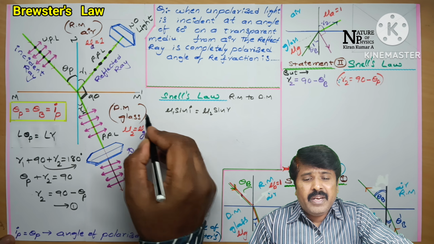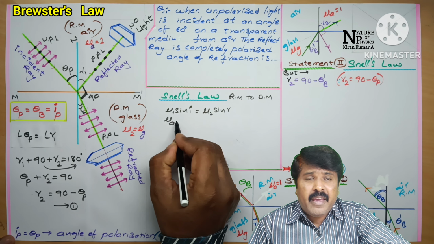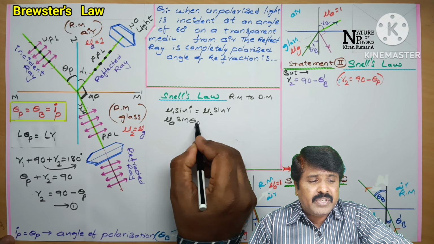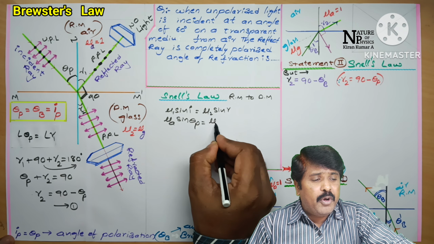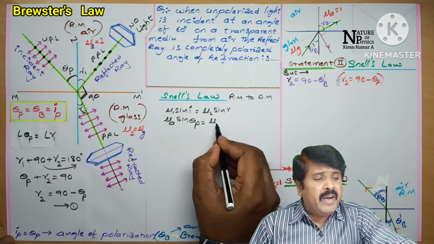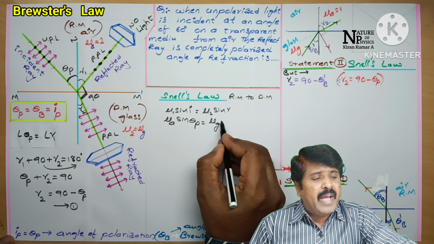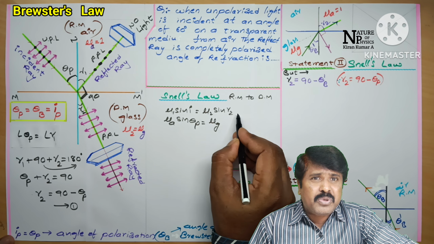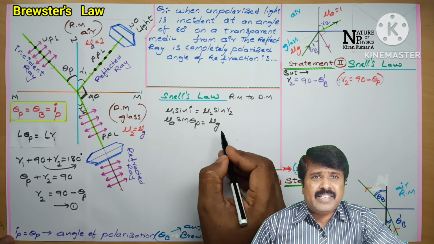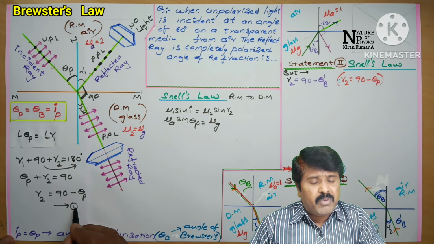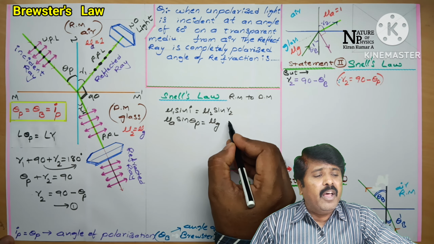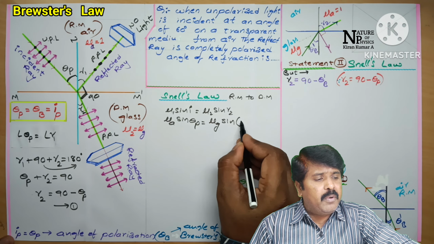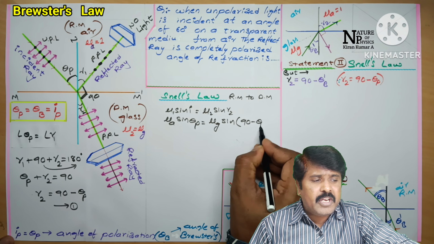Mu1 is the refractive index of air, and the angle of incidence i is the angle of polarization theta p, which is equal to mu2, the refractive index of glass mu g, and sin r is replaced with R2, the angle of refraction. So the R2 value from equation number 1 I want to replace, that is sin of R2 which is equal to 90 minus theta p.